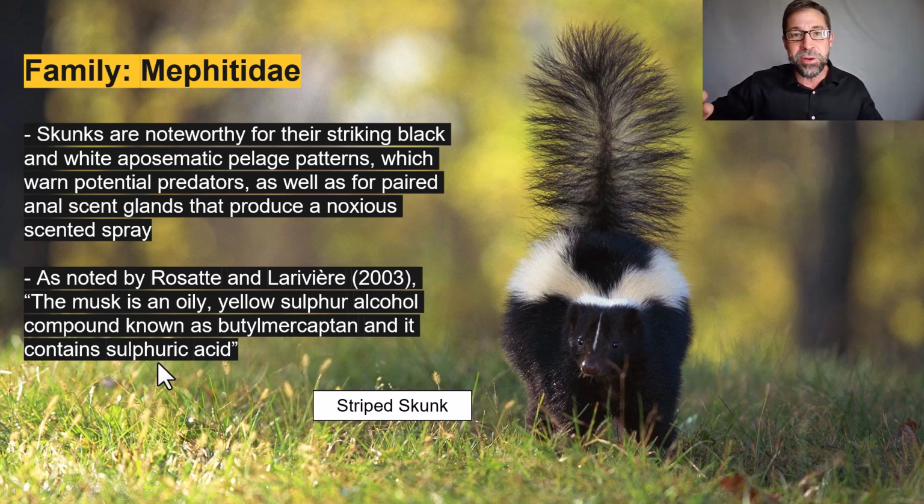I don't know if you've ever been sprayed by a skunk or had a dog sprayed by a skunk, but it is incredibly pungent. There are 4 species of skunks that live here in Arizona. This is the most common species that you'll find, often in campgrounds. The striped skunk, we had one in our camp at Apache Lake a few weeks ago. We also have spotted skunks, as well as the hooded skunk and the hog-nosed skunk.